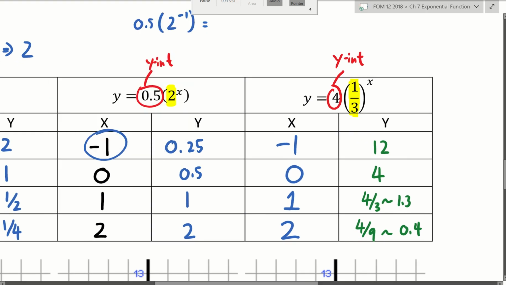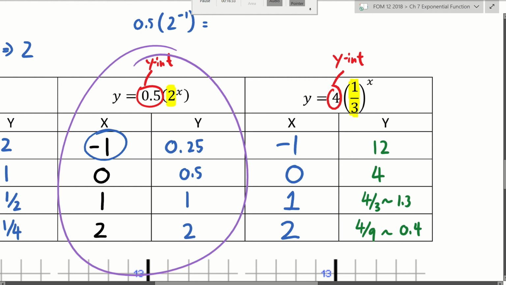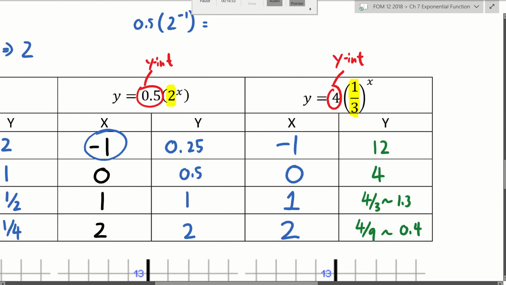Look at these numbers. The first one right here, the value is increasing because the base is a 2, right? The yellow 2, the base is 2, which is bigger than 1, so it is increasing. Whereas this next one, look at the numbers: 12, 4, 1.3, and then 0.4. It is decreasing because the base is a fraction, or something less than 1.